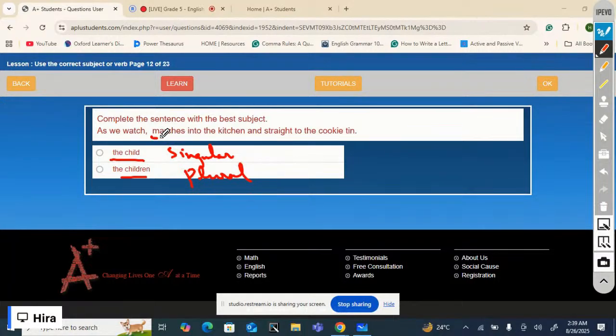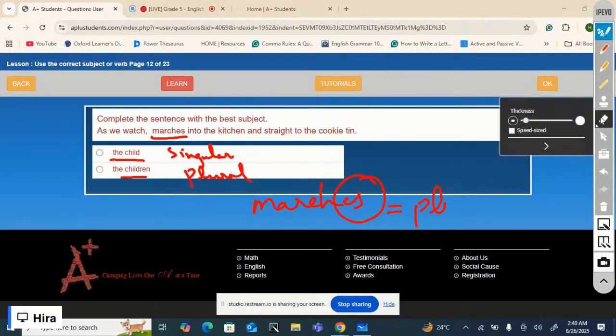Look at the verb marches. Marches is the verb which ends in es. What does it mean? It means, sorry, singular. Marches, singular verb.